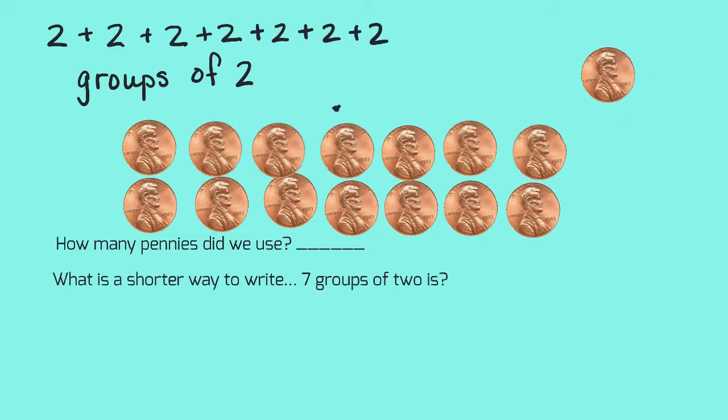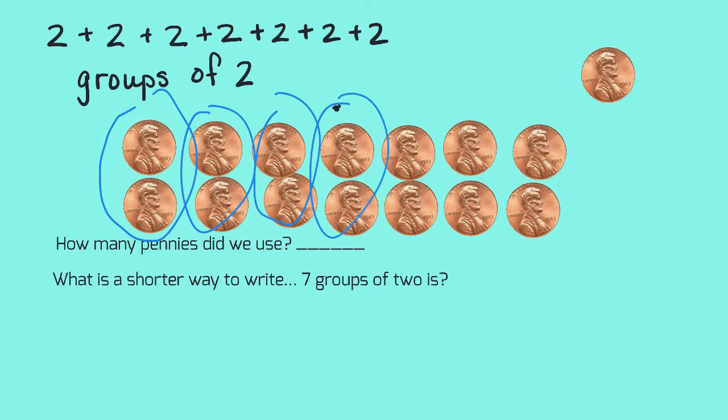So we have 1, 2, 3, 4, 5, 6, 7 groups of 2. Let's go ahead and mark that off.